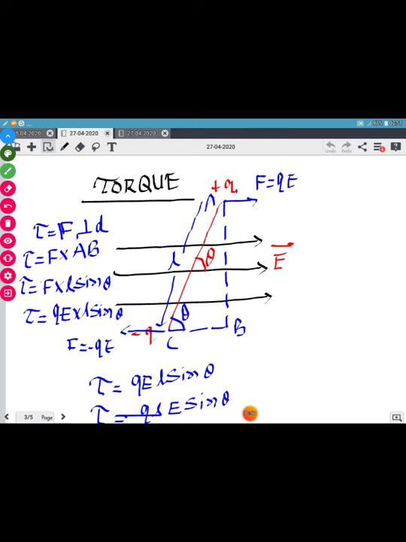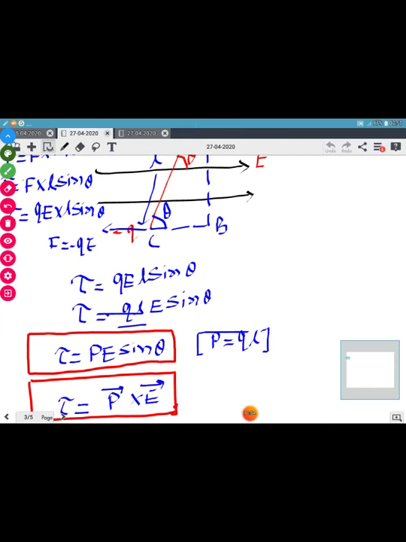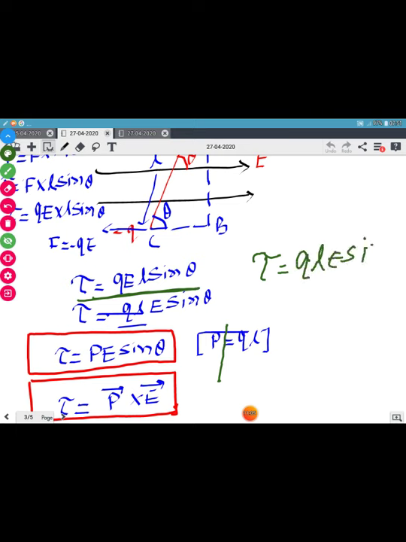If we arrange it in a proper way, then tau is equal to qL E sine theta.